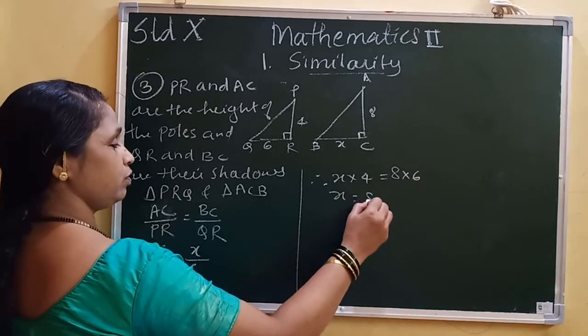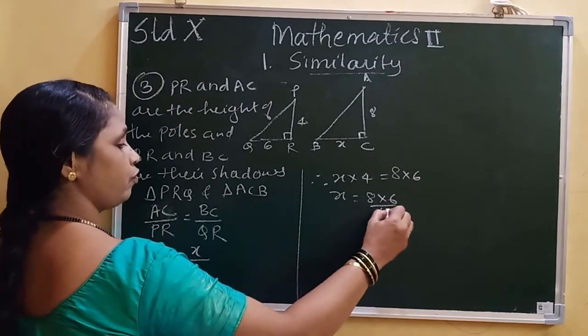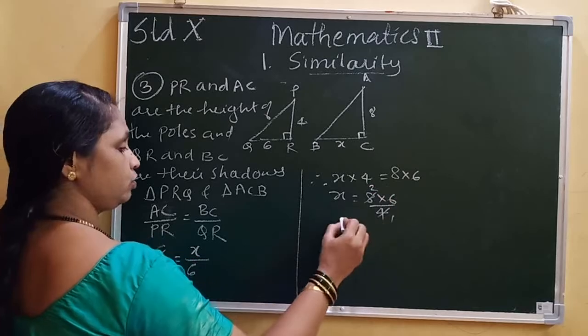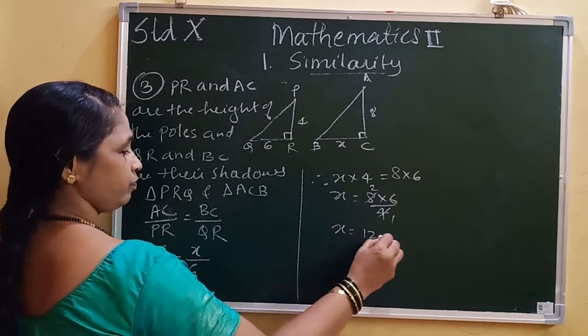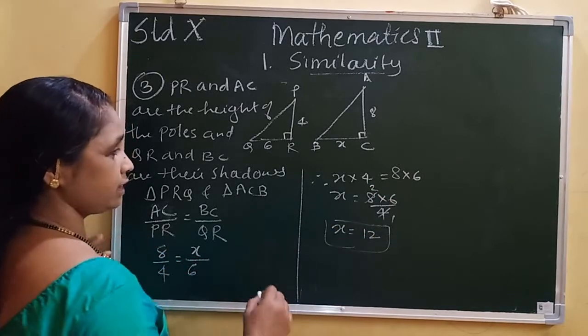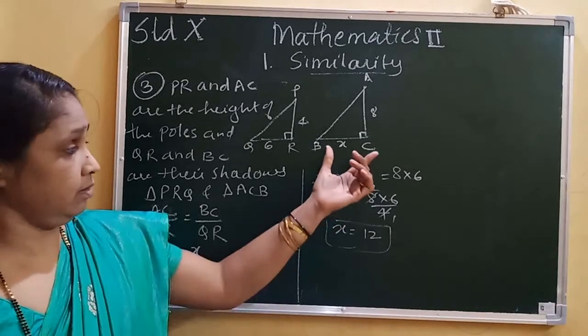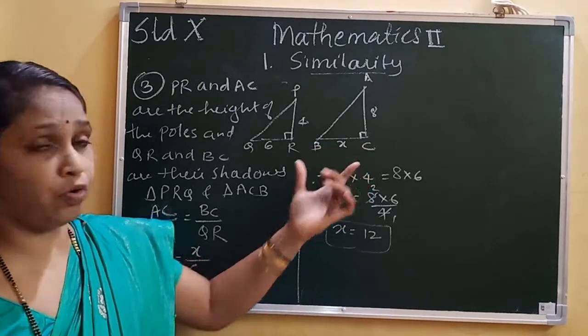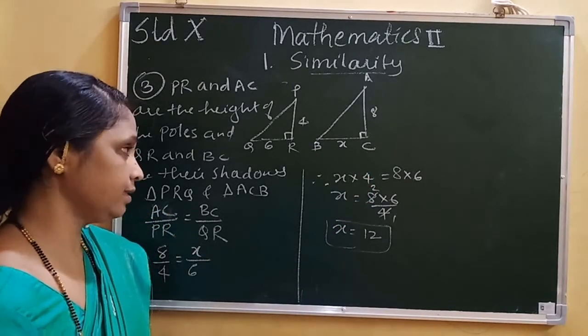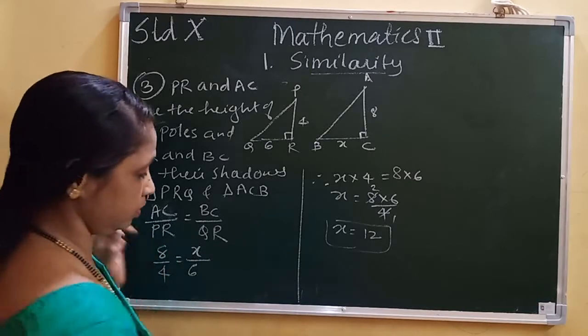Means X is equal to 8 into 6 upon 4. 1s are and 2s are. So X is equal to 12. Okay. So what is the shadow of the bigger pole?